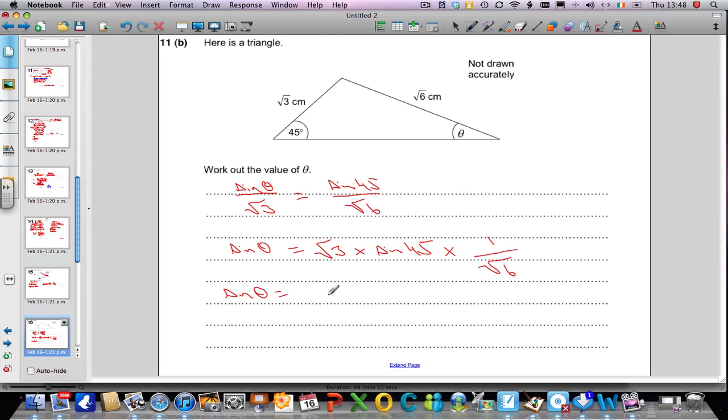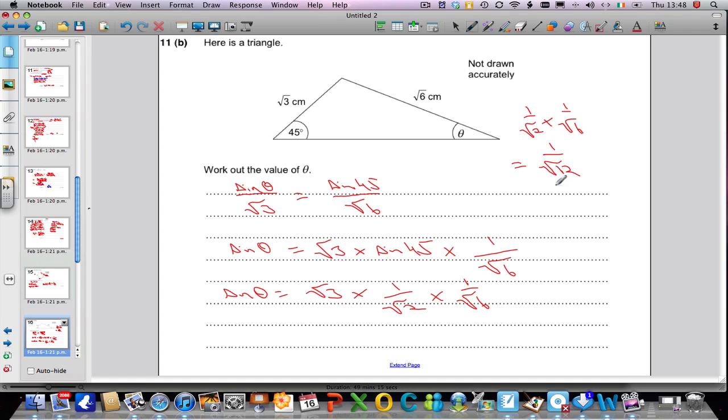Sine theta is going to be root 3 multiplied by, well, sine 45 we know is 1 over root 2. We worked that out in the previous one, and that's multiplied by 1 over root 6. Right, 1 over root 2 multiplied by 1 over root 6 is actually 1 over root 12.